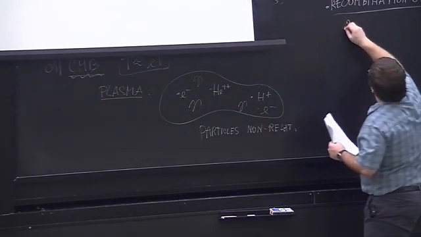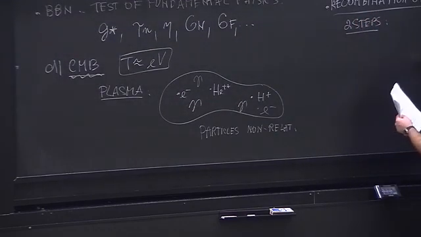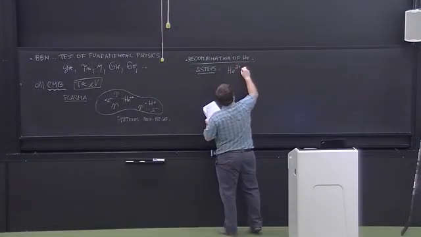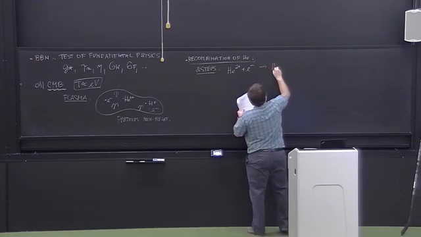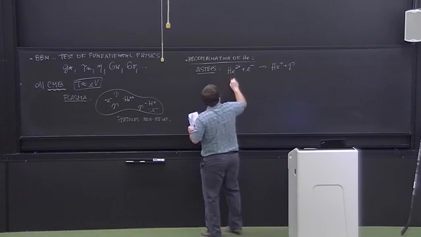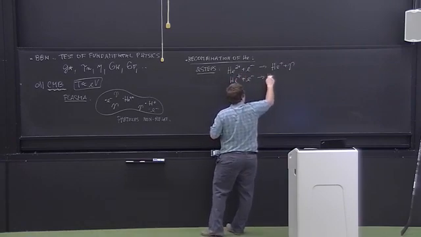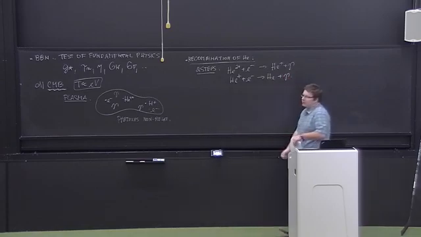So it happens in 2 steps. Helium 2 plus first captures 1 electron, and then the rest captures the other electron. Okay, so it happens in 2 steps.